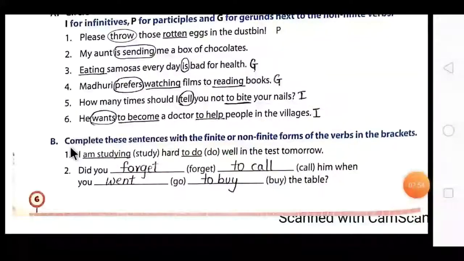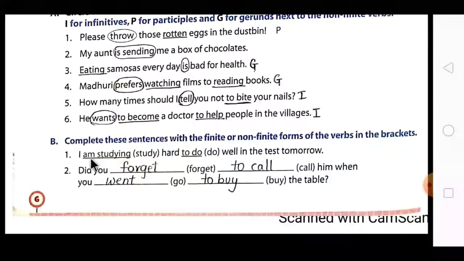So dear students, we'll move on to our next exercise, that is you have to complete these sentences with the finite or non-finite forms of verbs in the bracket. In the bracket the words are given. According to the sentence, if it's the main verb, you have to add the form according to it, and if it is a non-finite verb, you have to put the three forms which I have explained in the previous table.